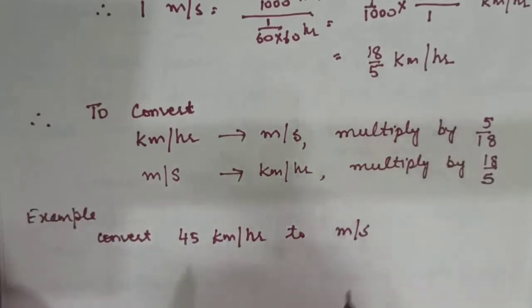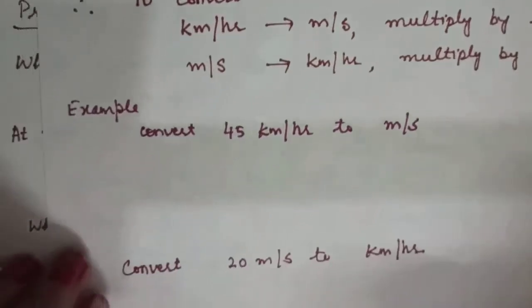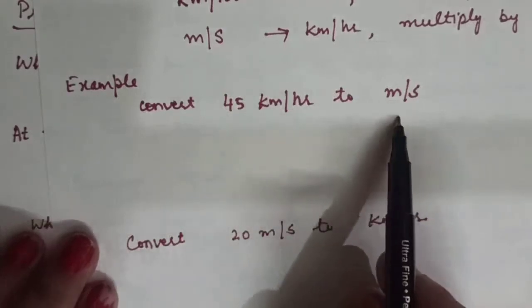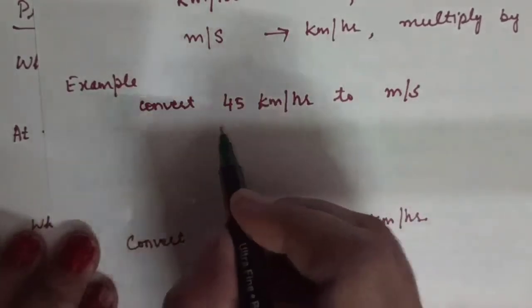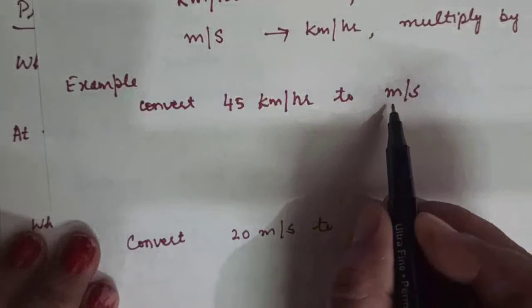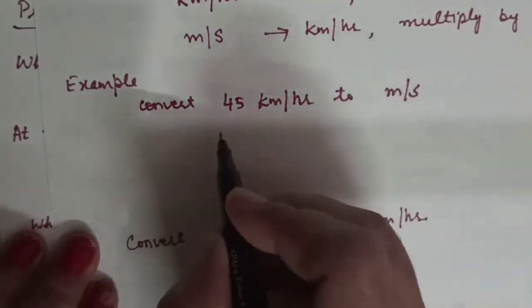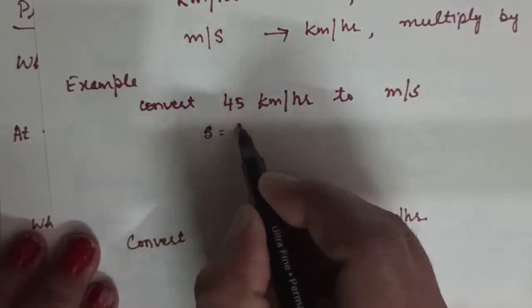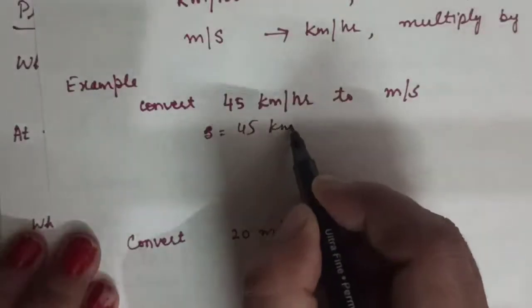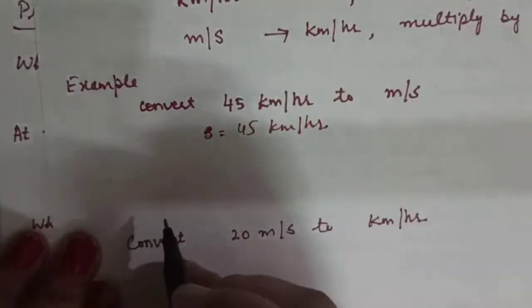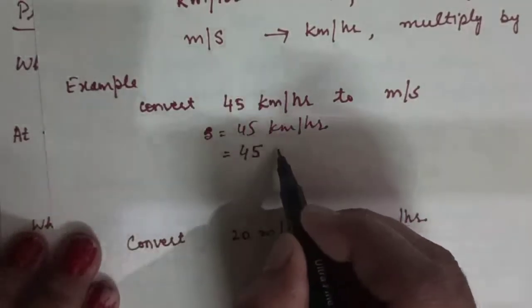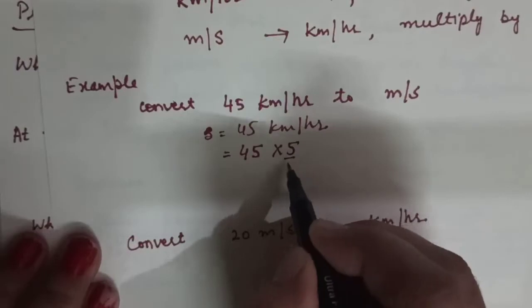Understood? Now let us check this with the help of an example. Convert 45 km per hour to meter per second. We know we have to change to the smaller unit, so speed is 45 km per hour, and we have to multiply this with 5 on 18.